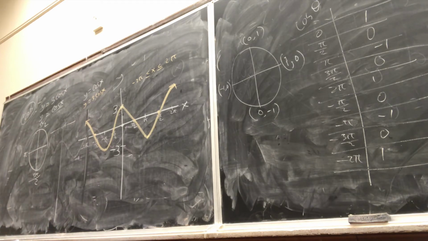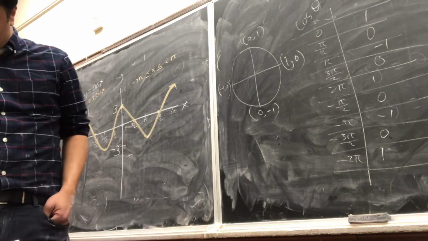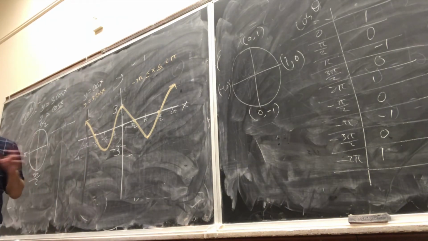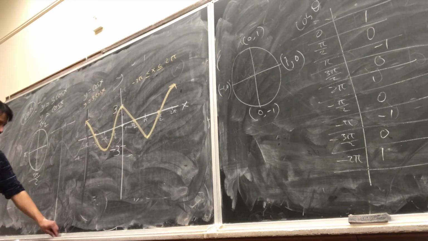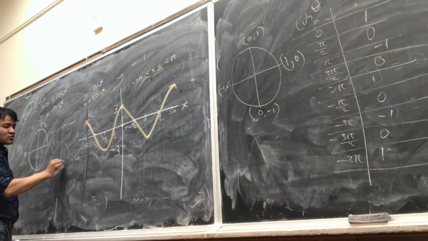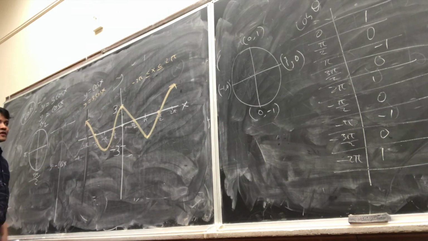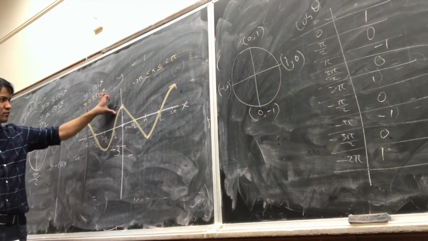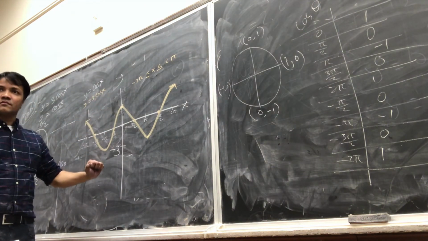Alright, so this is cosine. And the next problem is what? Negative cosine. Now again, this is a good opportunity to use a parent graph. We're going to do y equal to negative cosine x. What is the amplitude? Minus 1. Professor, you said minus 1 is 1.